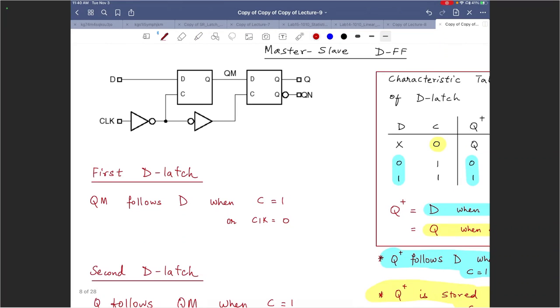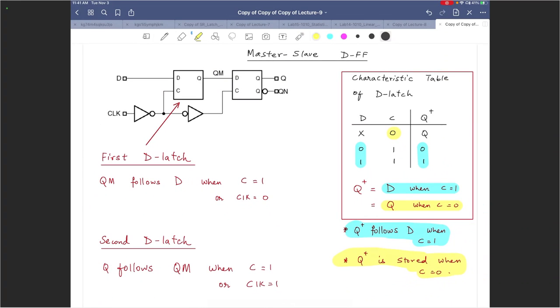Let us analyze the first latch first. So this first latch is right there. That's your D latch. You see, the C input here is actually clock complement, right? So C input here is clock inverted. Inverted clock goes to C input. So if I need to say QM, right, this is QM, the intermediate Q, QM follows D when C is 1.